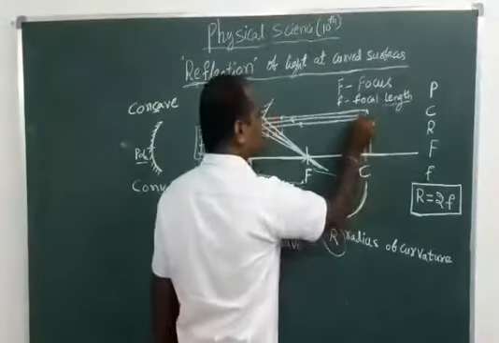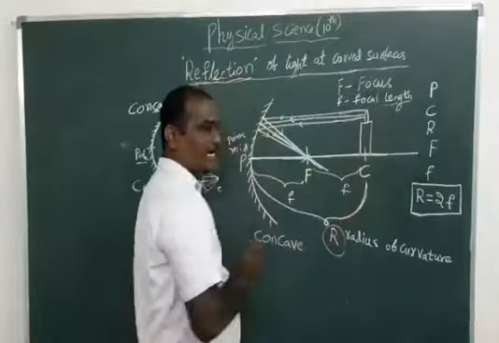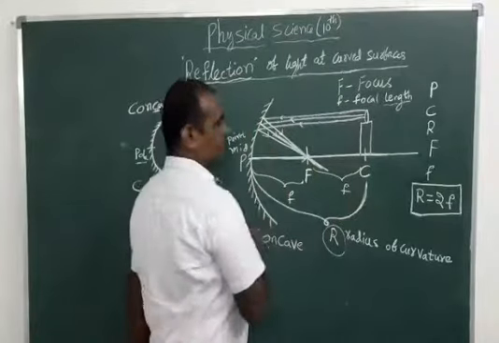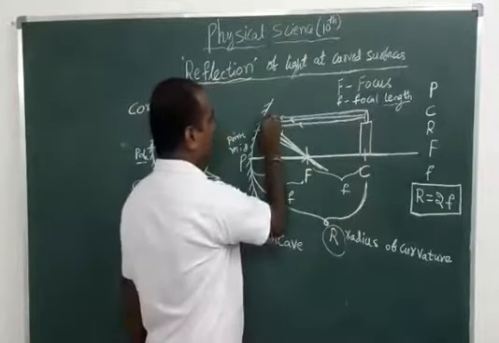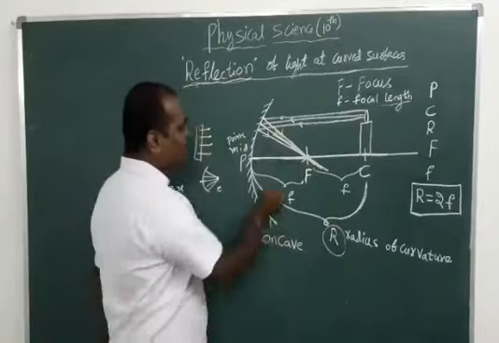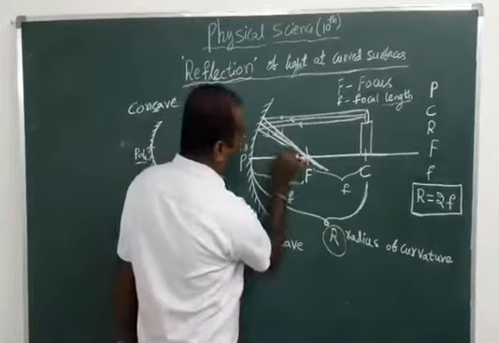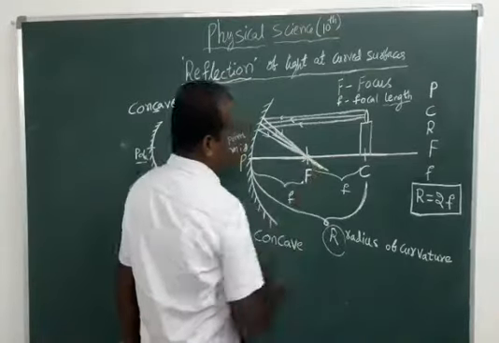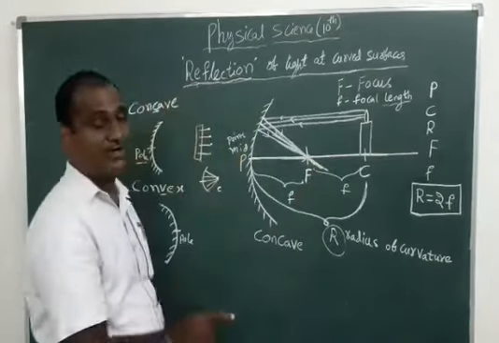The light rays which are coming from the candle should be incident at a particular point on a concave mirror and they should be reflected. After reflection, these light rays should meet at a point. All should pass through a point.